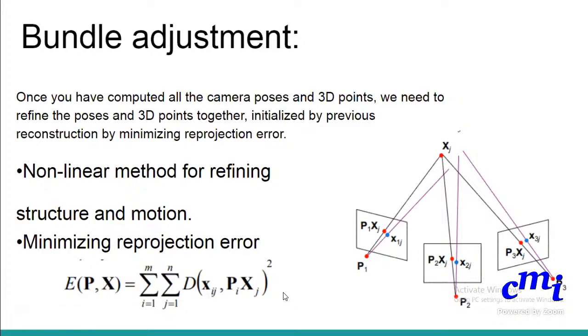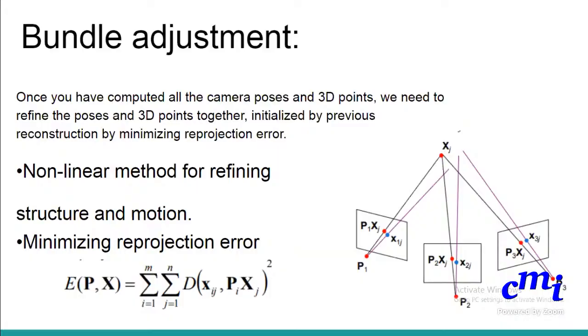You take this for every pair of images possible, multiplied by a visibility matrix V. If there are 2 views in which some correspondence points exist and in some 2 views there won't be a correspondence point, then using the visibility matrix we ensure that only those points are taken into consideration for the reprojection error. Then we do the nonlinear refinement, where we change poses and coordinates to adapt to a local minimum of this reprojection error. So this is the final bundle adjustment. This is the pipeline for structure from motion from start to end.